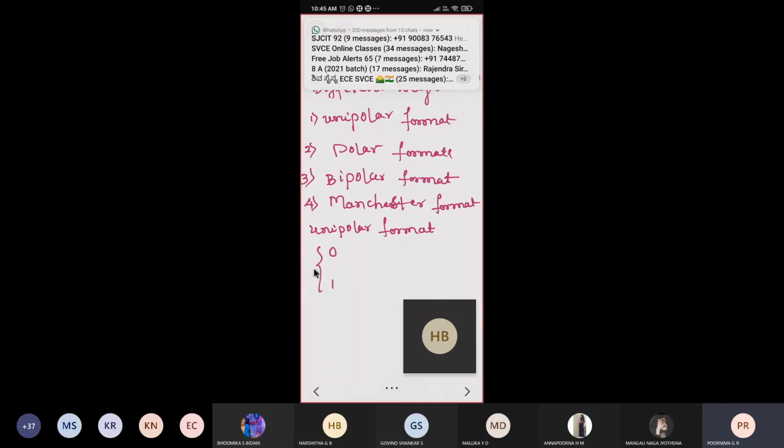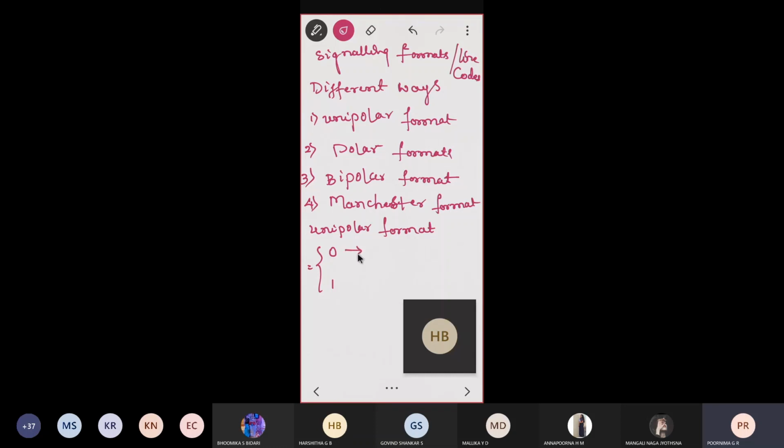The input for this unipolar signaling format is 0 and 1. 0 will be transmitted over a bit duration TB, for 0 less than t less than TB, having an amplitude of 0 volts. The symbol 1 is transmitted within this time interval, 0 to TB seconds, with amplitude A.